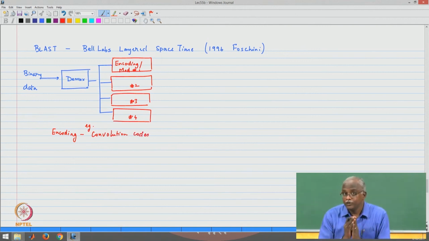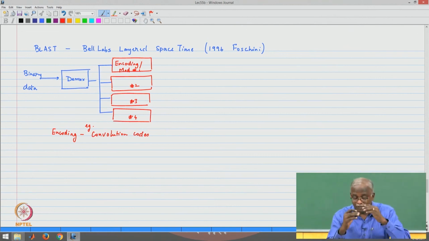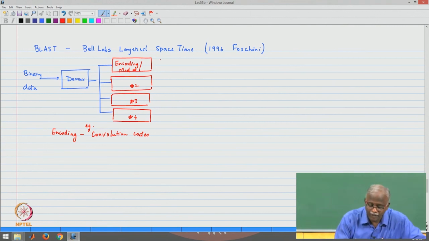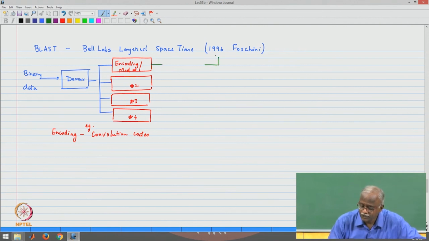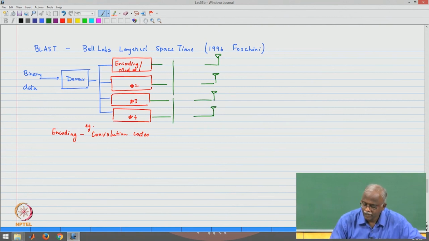So, we are using standard codes, and we have separated the data into multiple streams, and we will transmit through the different antennas. So, this is the case where we have designed the structure for 4 antennas, 1:4, and we will see that there is a very important block in the middle which is useful for us as part of the Bell Labs structure.